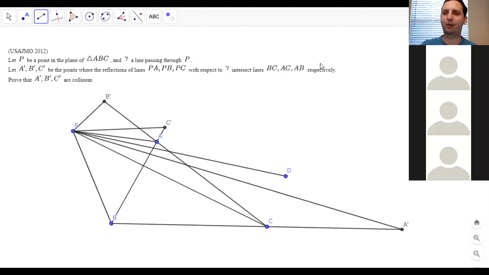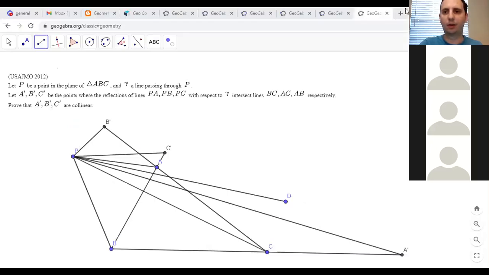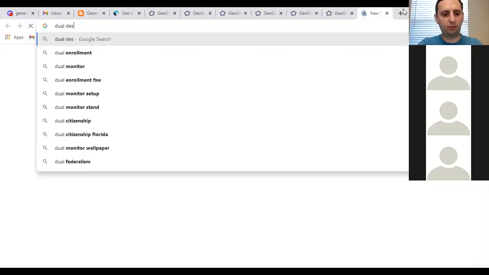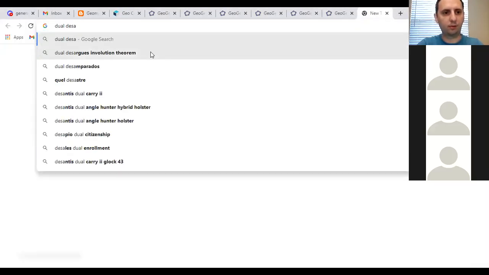That's what it stands for. Yeah. I'll show a link to the article. Yeah, so dual Desargues involution theorem.